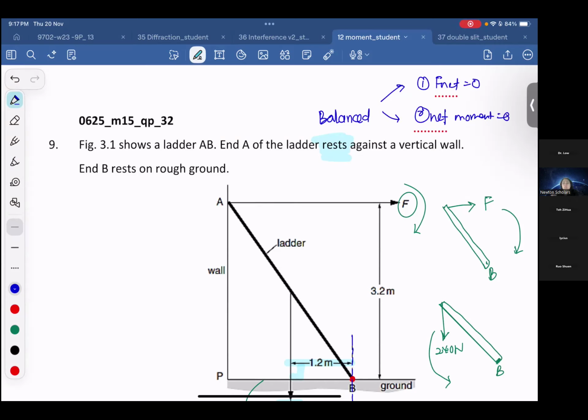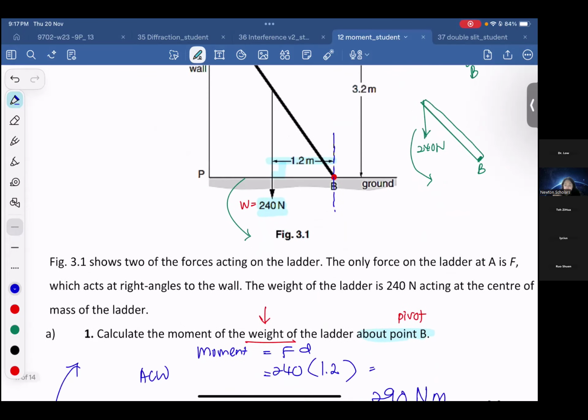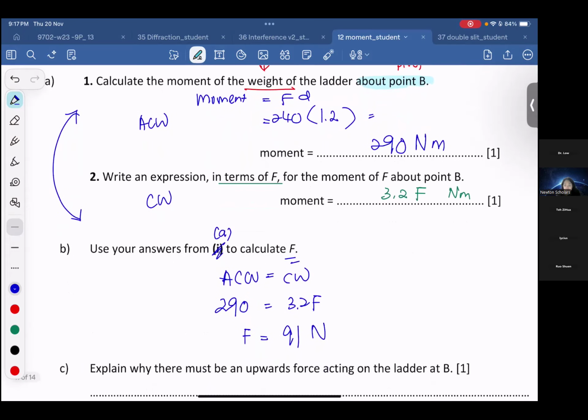But if you only say it needs an upward force to make it 0, the answer is not complete. You can say it needs an upward force to make it in equilibrium. To make the ladder in equilibrium, can. But if you only say upward force to make it 0, I don't know what 0 you mean, unless you tell me to make the resultant force become 0, then yes.